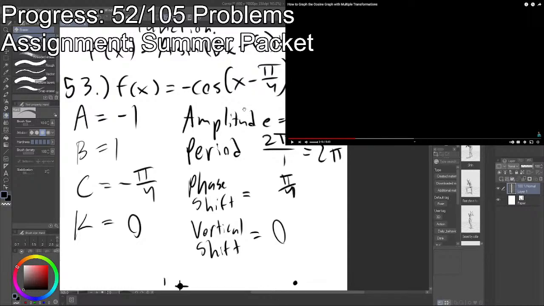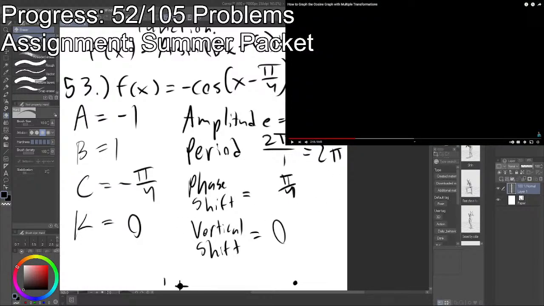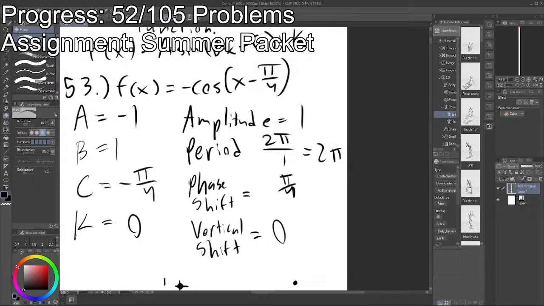What? Is that really how you do it? Hold on, I need a tutorial for phase shift now. I can just look it up.